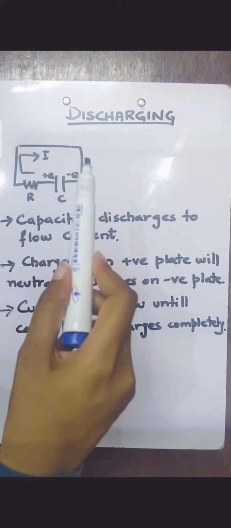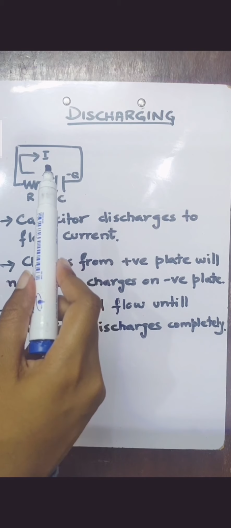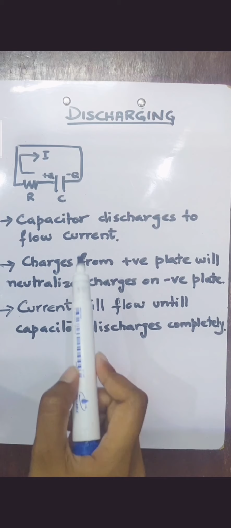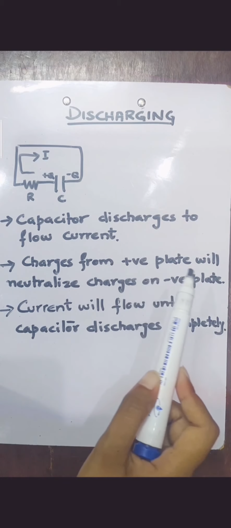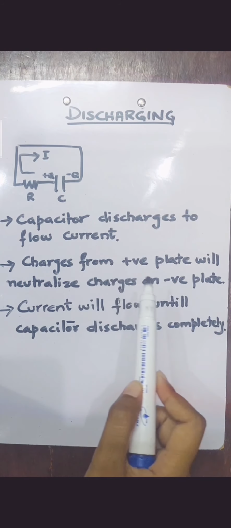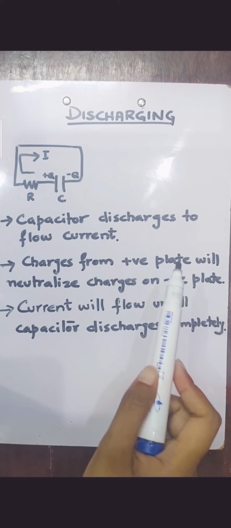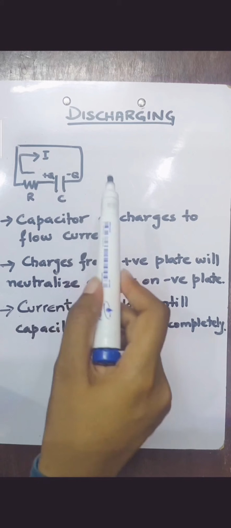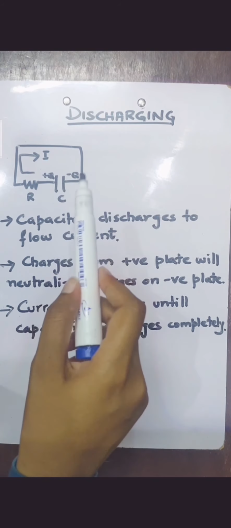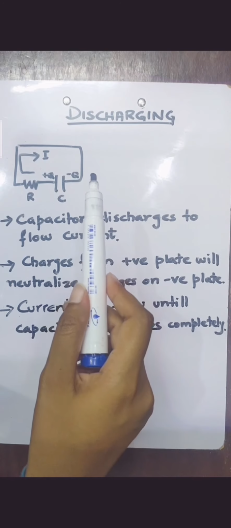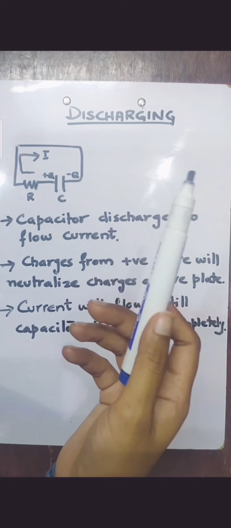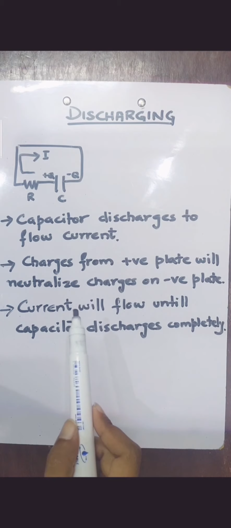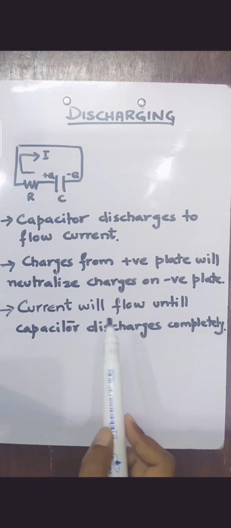So that's how we say that continuously the concentration of charge will start decreasing, and at some point there would be no charge left on the plate to flow that current, right? This process is known as the discharging process, and the current will flow until the capacitor discharges completely, right?